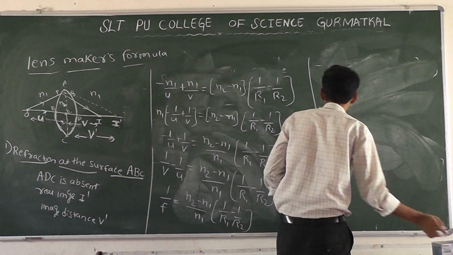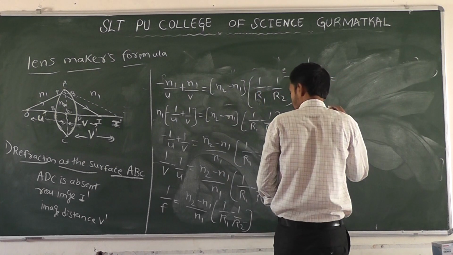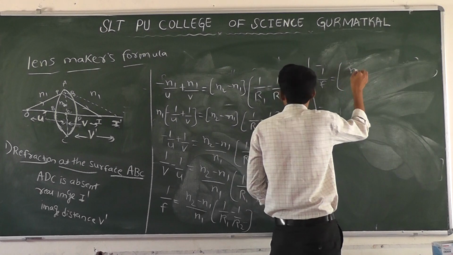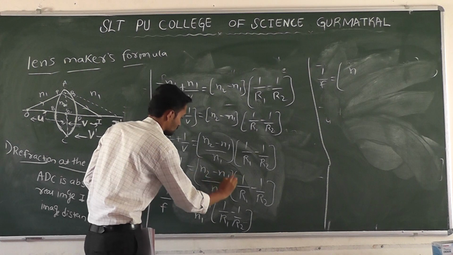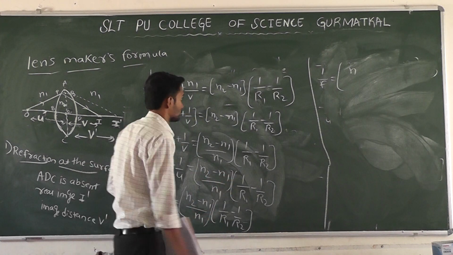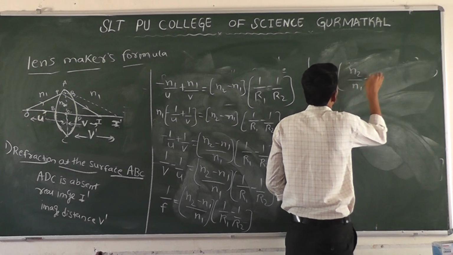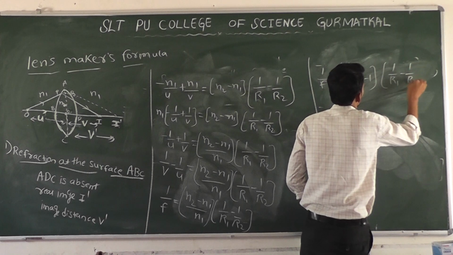Next, 1 by f is equal to n2 minus n1 by n1. How can we write this? n2 by n1 minus 1, and the remaining is 1 by R1 minus 1 by R2.